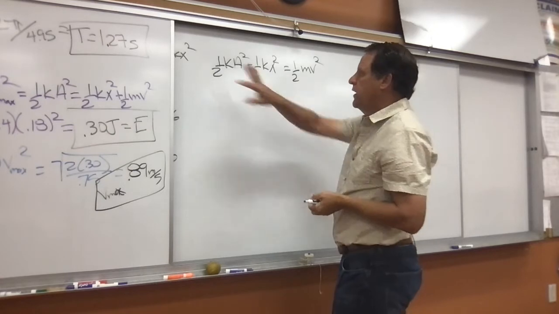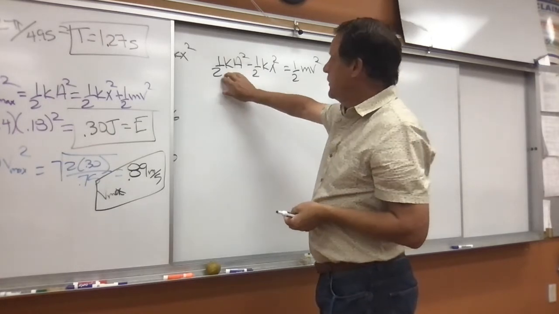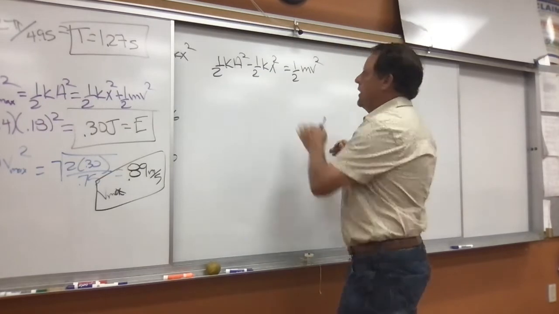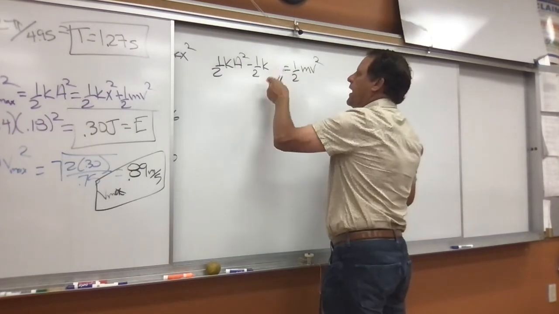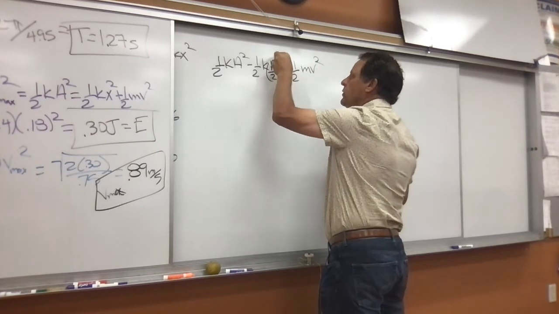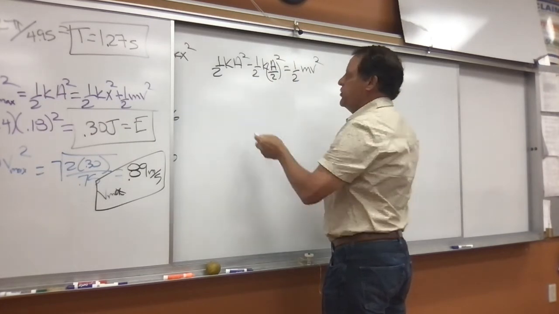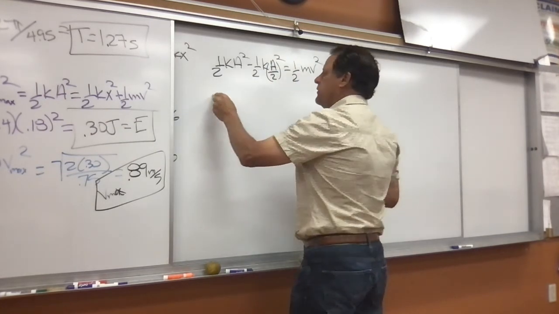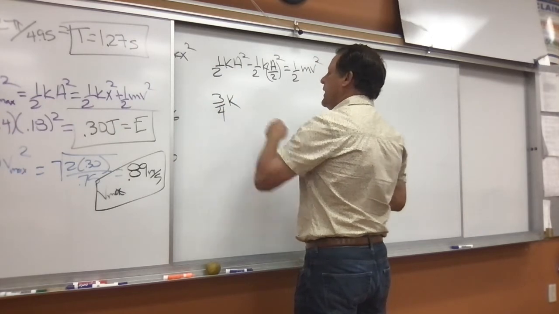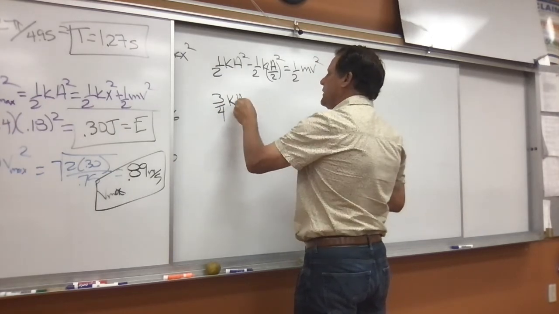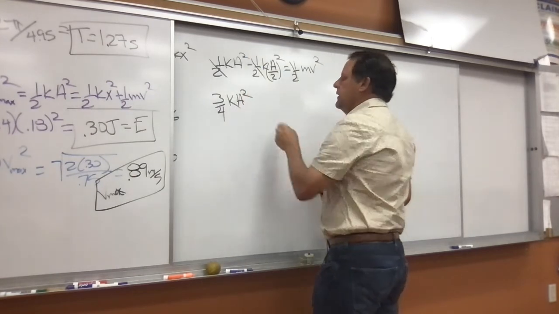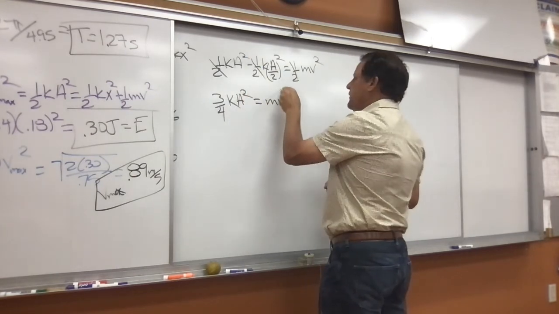So that's kind of that same thing, except this is the maximum is equal to this plus this. And now half our amplitude is going to be a over 2 squared, which again is going to give us 3/4 Ka squared. And again, those halves canceled out. And that's going to equal mv squared.